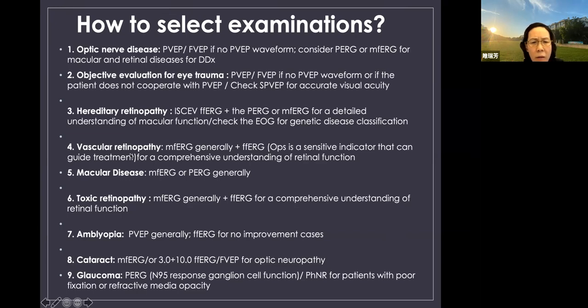The eye is a window of the soul. Also, we can see the retina is a window for a lot of systemic disorders, for example, hypertension, diabetic retinopathy, and a lot of immune disorders.